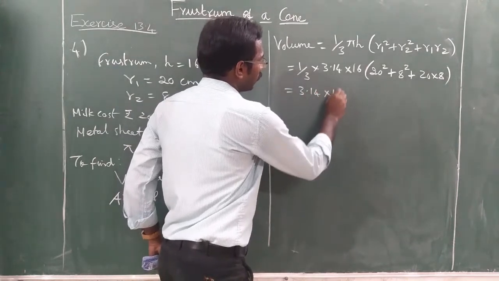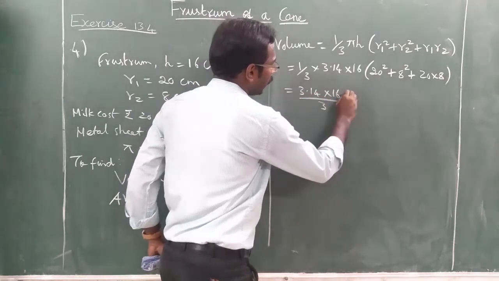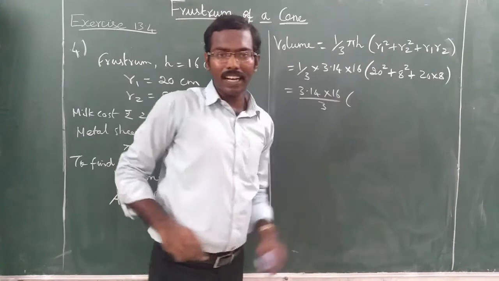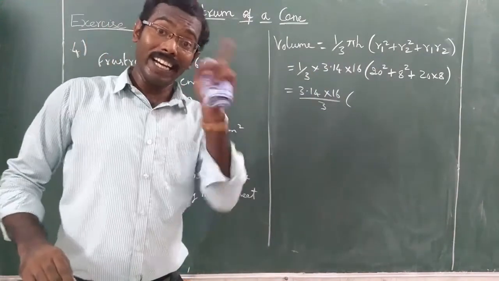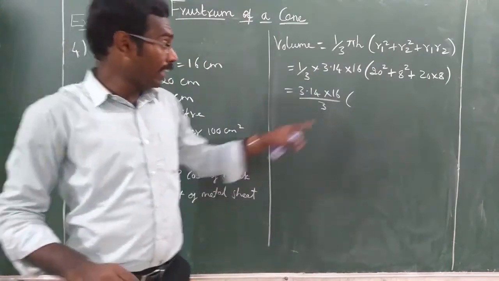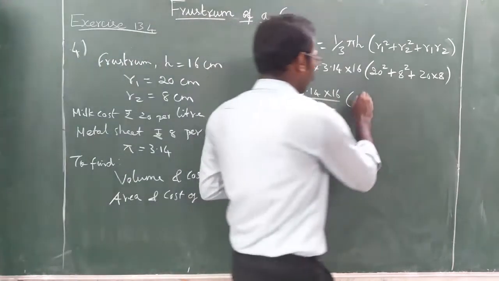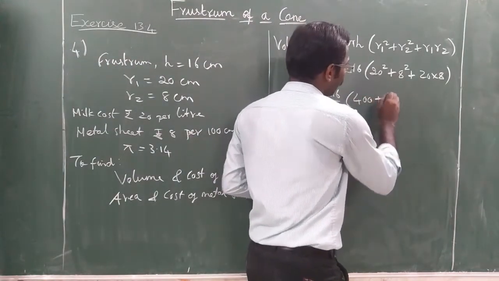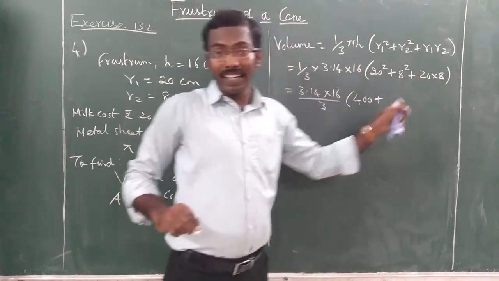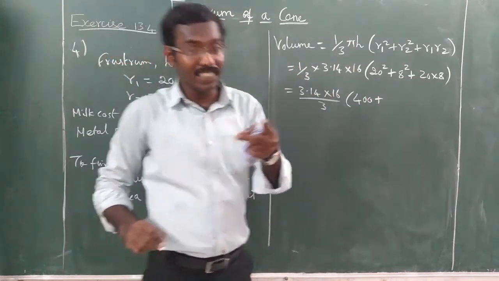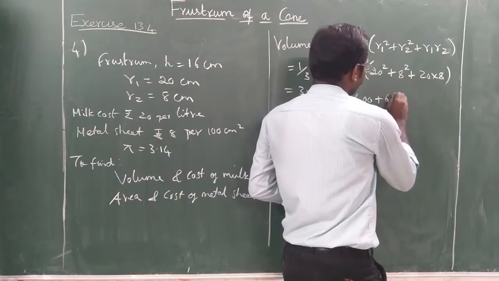So that is equal to 3.14 into 16 divided by 3 into 20 square. 20 into 20 is, come on, tell. 400. Yeah. 400 plus 8 square. 8 into 8 is 64.